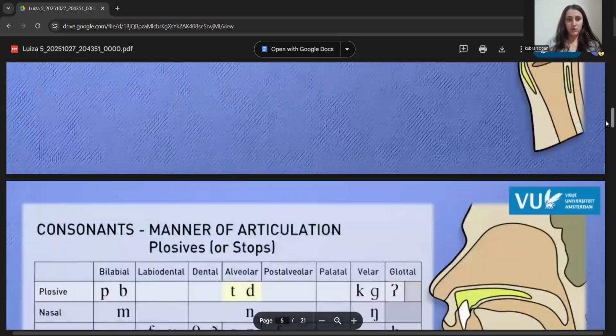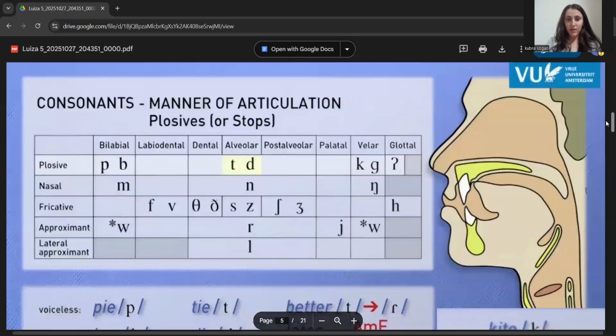So let's continue with that. It shows the degree of constriction when pronouncing a consonant. The different manners of articulation in English are plosives, nasals, fricatives, approximants, and lateral approximants.